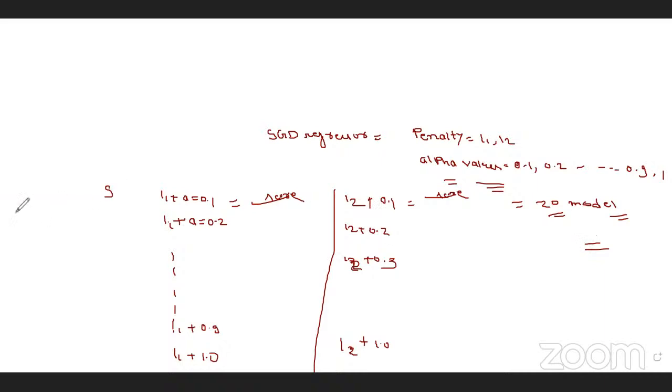But in randomized search, what happens? We set the distribution type. Let's say we are setting a normalized distribution, and we set the maximum and minimum values, like a minimum of 1 and a maximum of 1000.